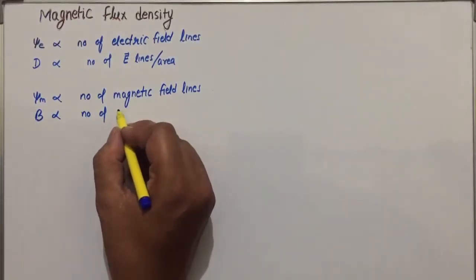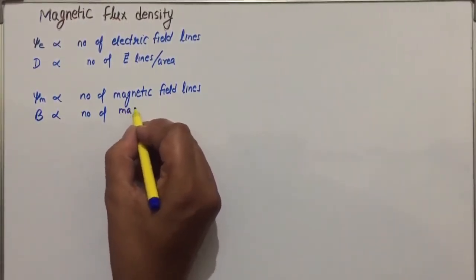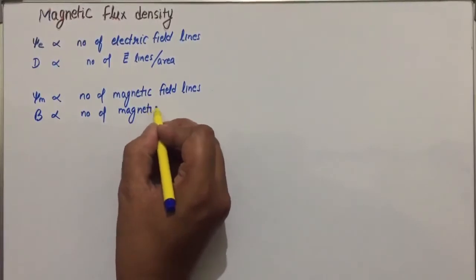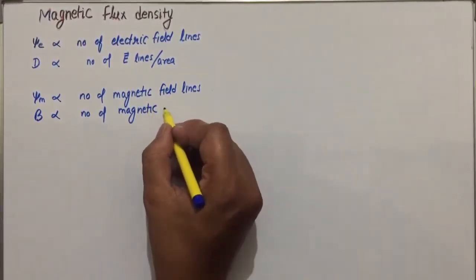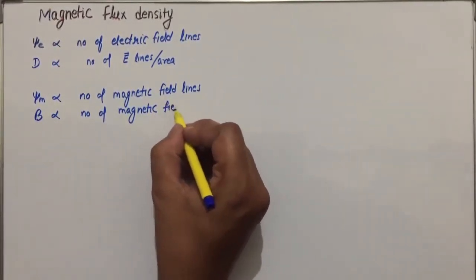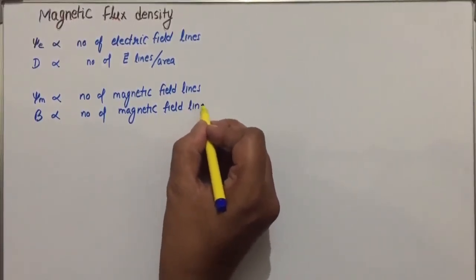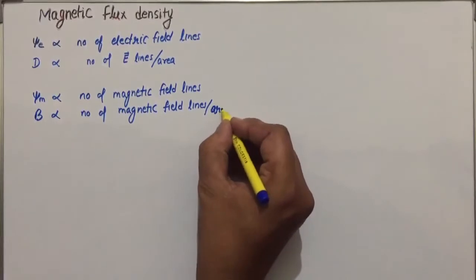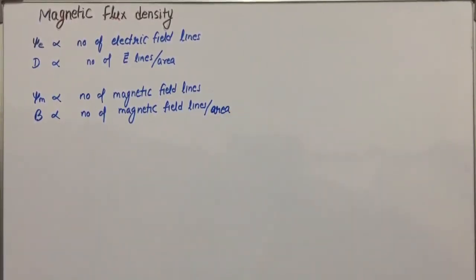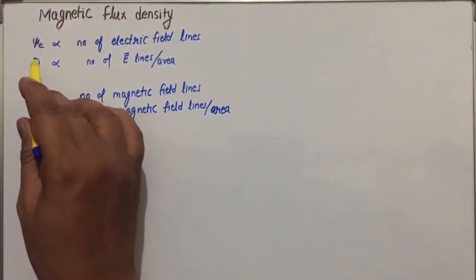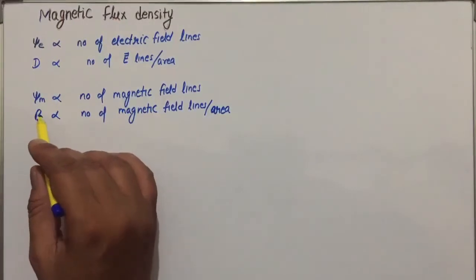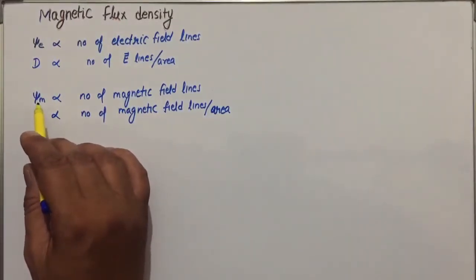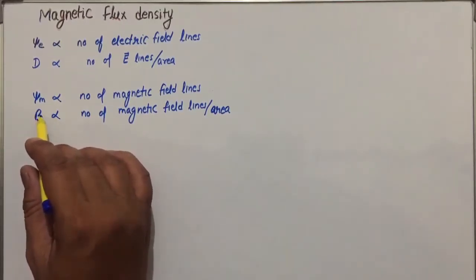Number of magnetic field lines for unit area. So similar to electrostatics, we have the same relationship for magnetic flux and magnetic flux density.